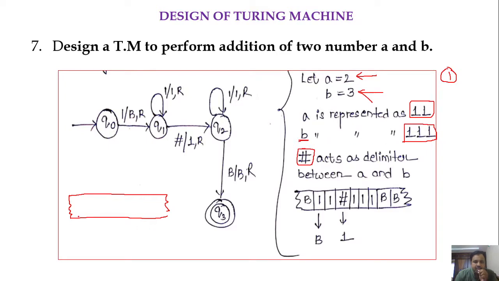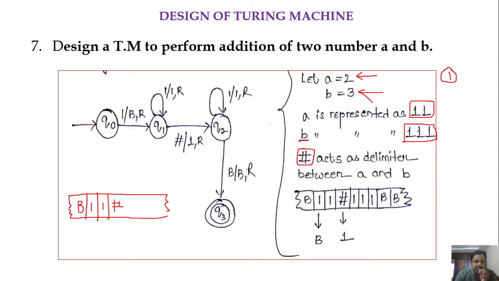Let me consider that I am having blanks in the input tape, followed by the input A, which is nothing but two ones. To represent the end of input A, we are using a delimiter, that is hash.